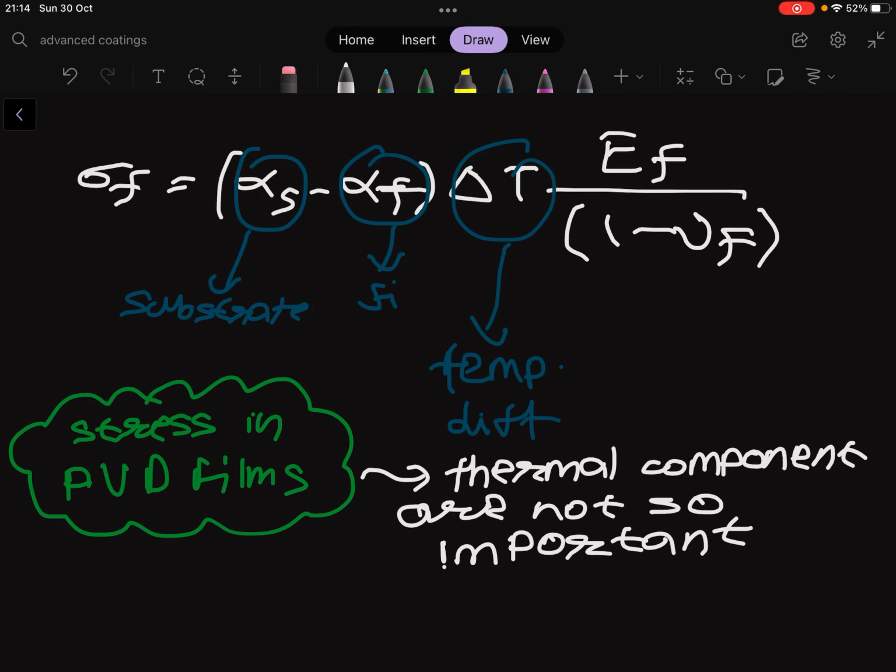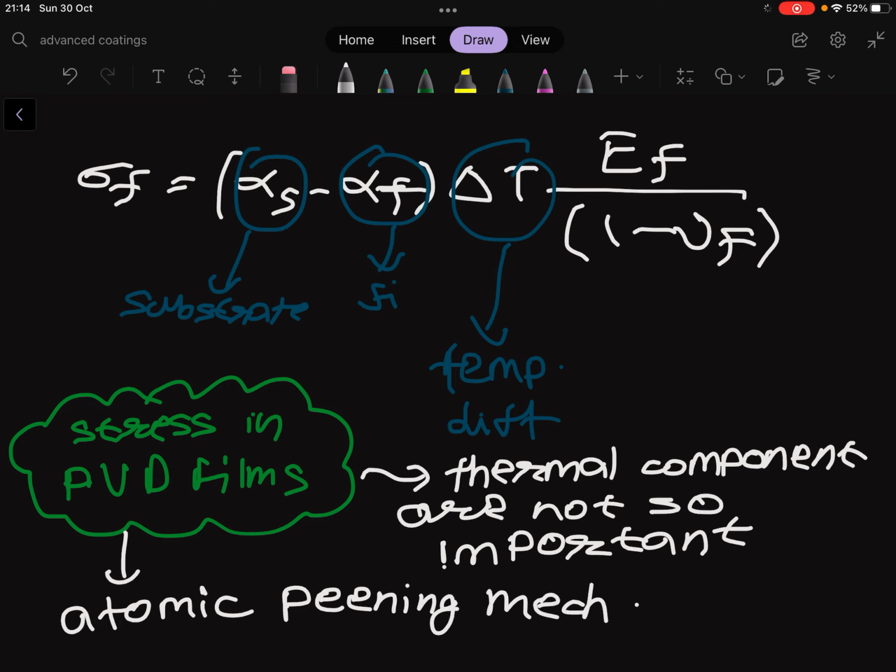At low pressure, the probability of scattering is much lower, and then these energetic particles retain their original energy, so the ionic bombardment is significant. And typically we produce compressive stresses, which are caused by the atomic peening phenomenon or mechanism.